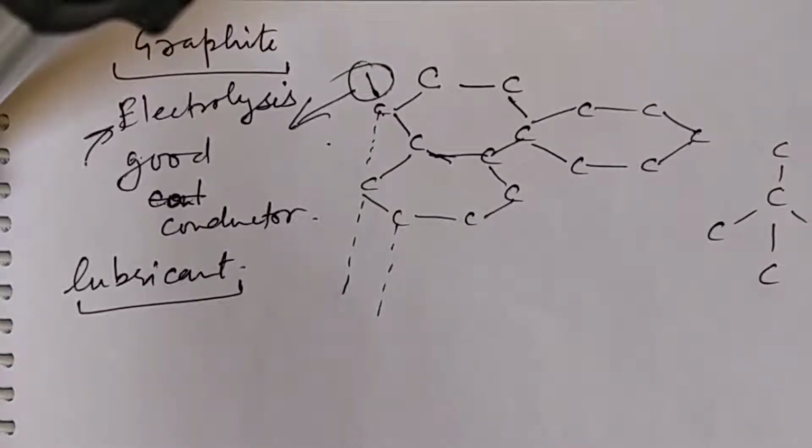Diamond has a very high melting point, and its density is also very high, and diamond is transparent whereas graphite is opaque. The density of graphite is relatively lesser in comparison to diamond, and it has a lower melting point in comparison to diamond because of the attractive forces that are participating here.